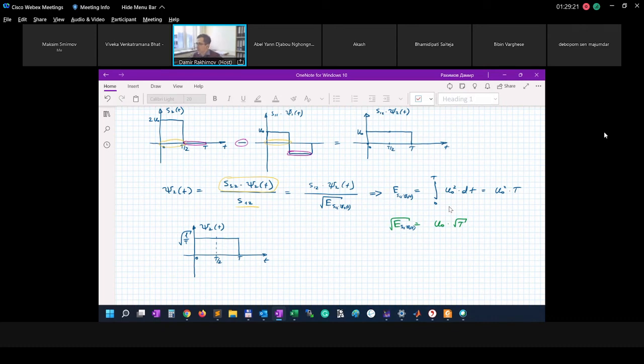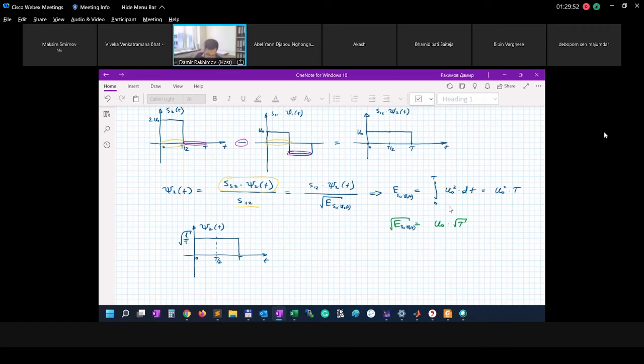I tried not to overload the notation, but you're right that we don't take simply S12; we take the energy of the remaining signal in the time domain.